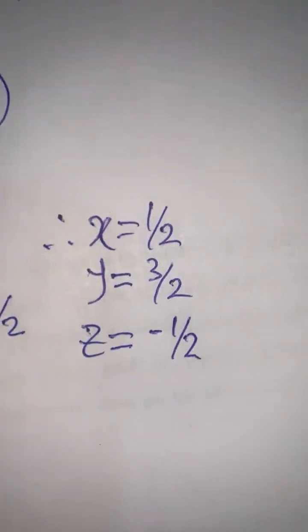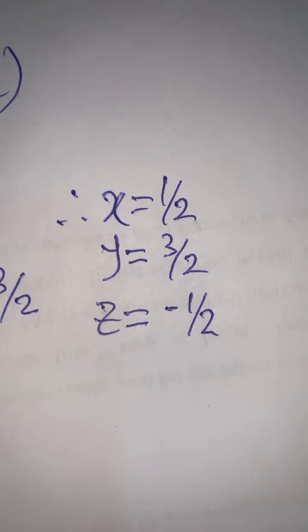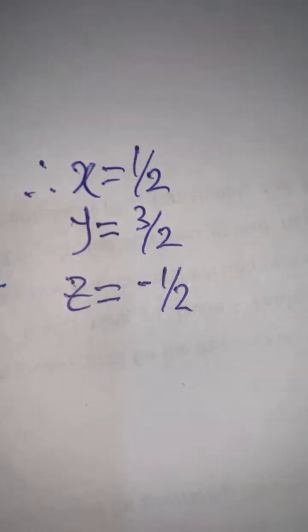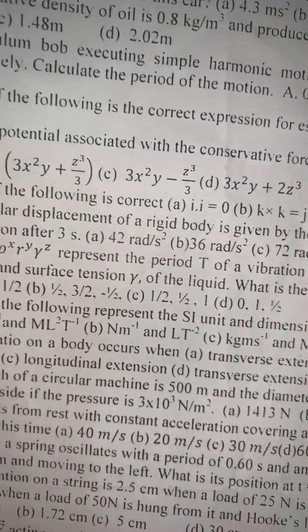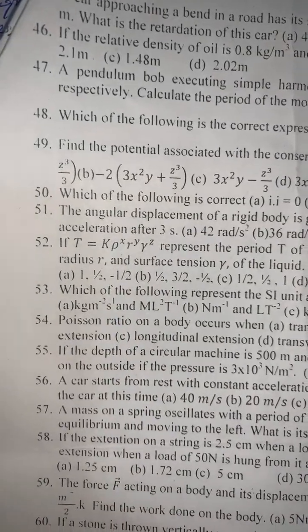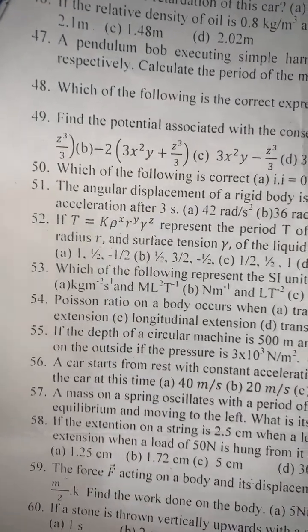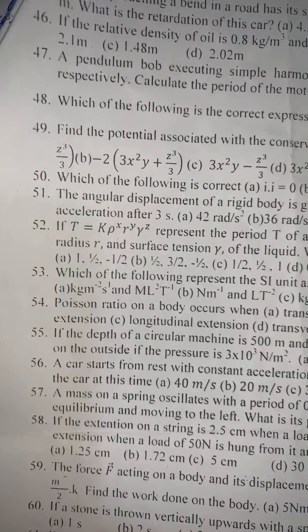This is what we have. Please take note of it. X is equal to 1 over 2. Y is equal to 3 over 2. Z is equal to minus 1 over 2. And look at the option here. Question 52. Option A, we have 1. No, it's not part of it.